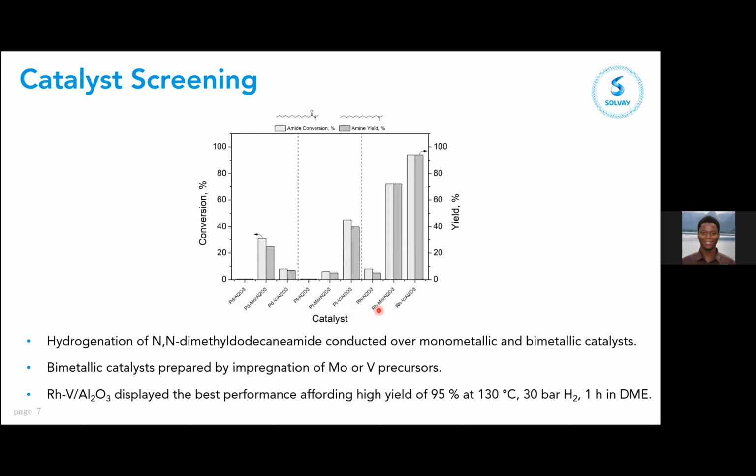However, with the rhodium catalyst, we noticed that there is a significant, or rather a dramatic, increase in the catalytic activity using the modified rhodium catalyst with molybdenum or vanadium.